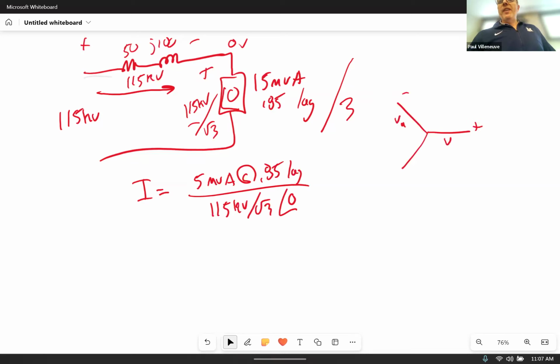When you add those vectorially together, you get something like this, and this voltage over here is the square root of 3 V. So if you remember, one of the little tips I gave you is only use the square root of 3 for phasors. You never use square root of 3 for anything else. So that implication is only use the square root of 3 for phasors, never use 3 for phasors. To do the conversions, you need to use a square root of 3 if you're talking about voltages and currents, which are the only 2 phasors we have.